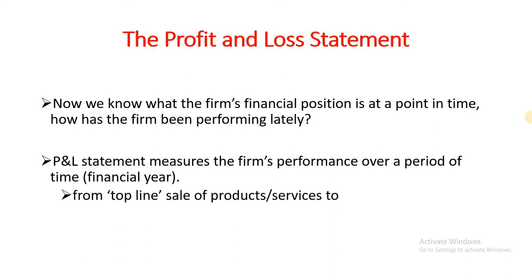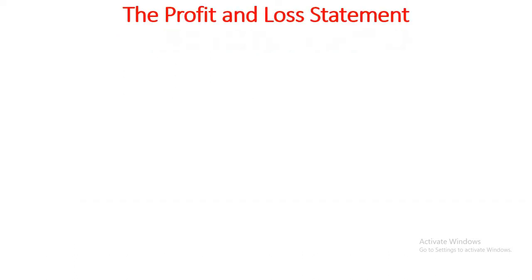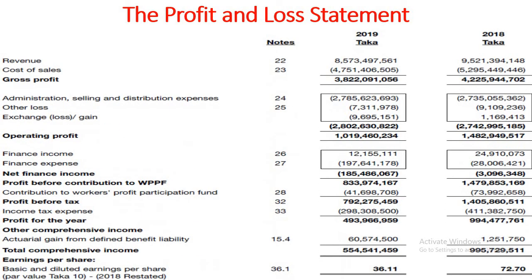To analyze the profit and loss statement, we need to start from the top line, which is normally labeled as sales revenue, or simply revenue, and it ends at the bottom line, which is also known as net income, net profit, or net earnings. Let's look at the profit and loss statement of Bata Shoe Company Limited.